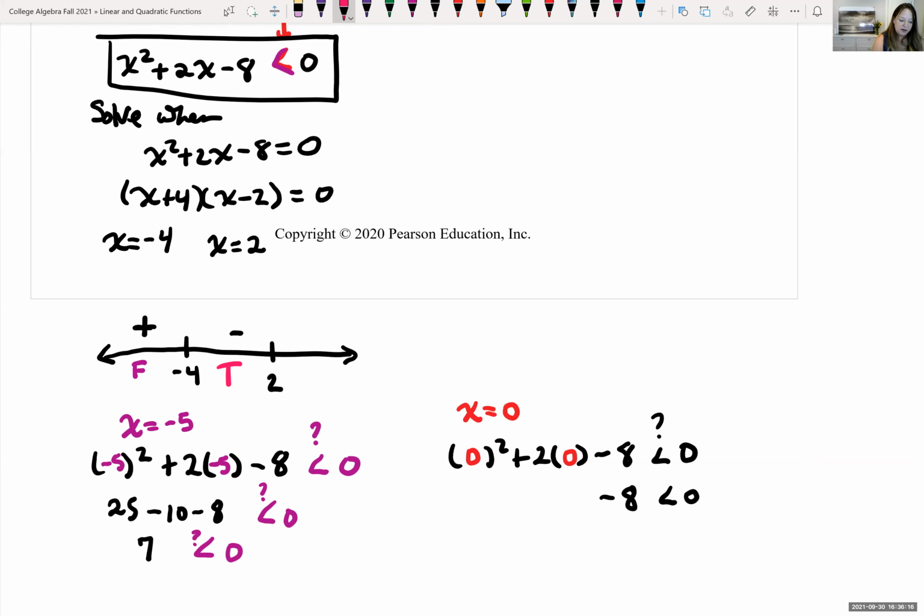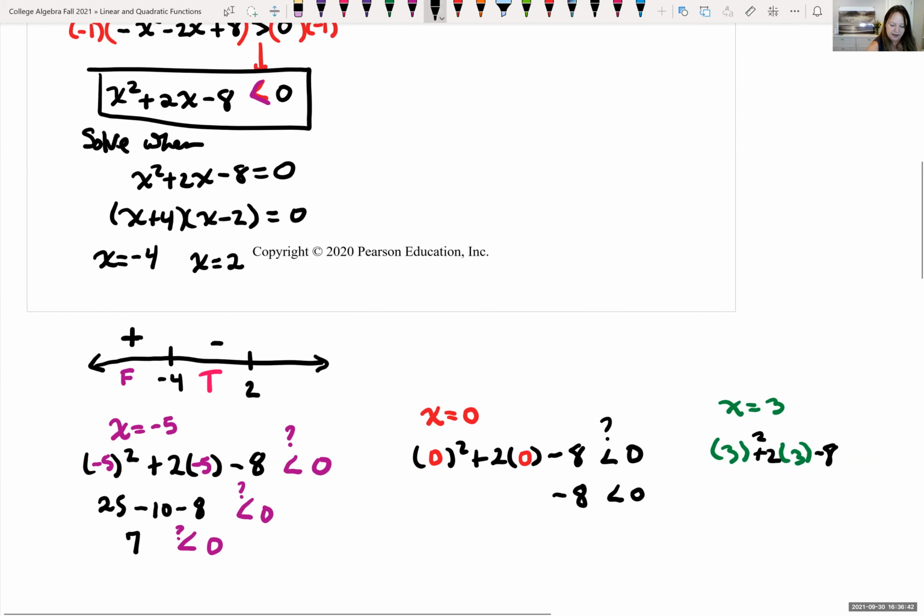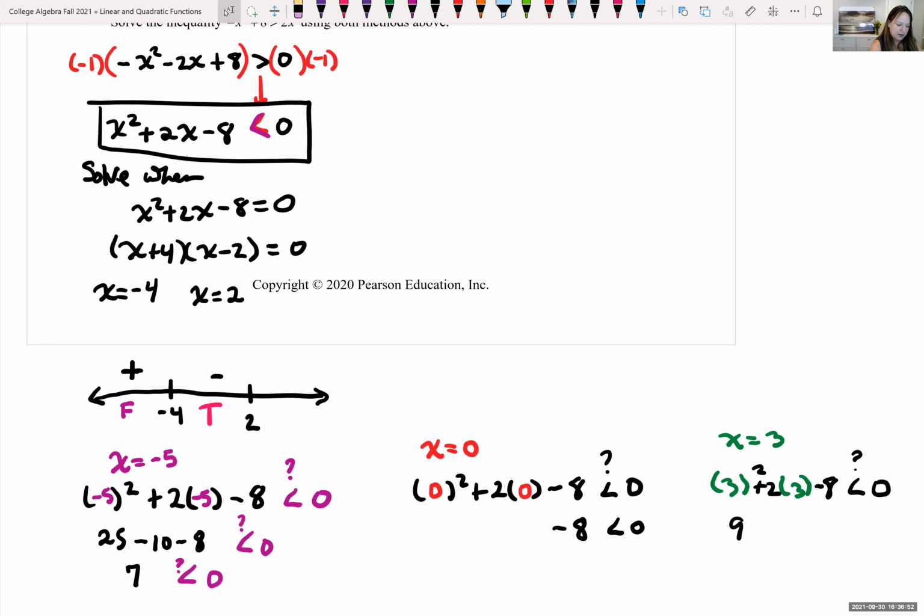So now one more number we need to choose, anything that's bigger than 2. So let's choose maybe x equals 3. And again, we're going to go in and plug in 3 wherever we see an x. So we have 3 squared plus 2 times 3 minus 8. Is that positive or negative, or is it a true or false statement? So 3 squared is 9 plus 2 times, actually that should have been a minus.